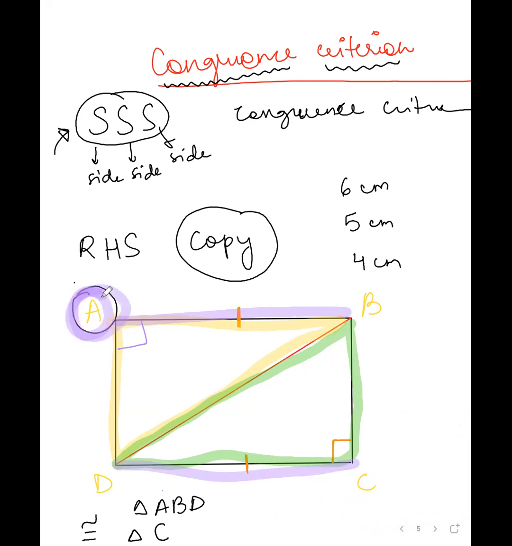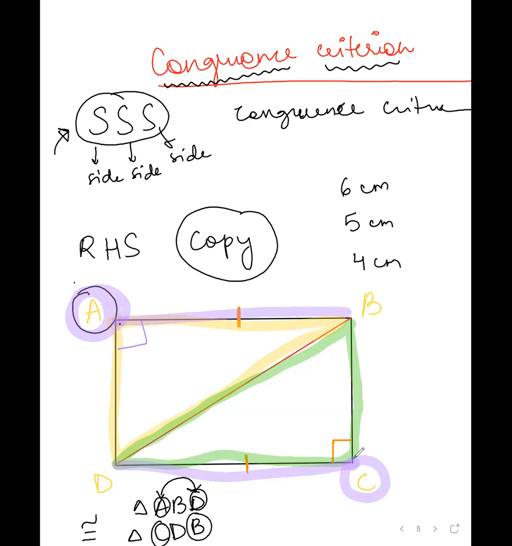Because over here we started from A, and A is corresponding to C. So C, D. And then the last one that is remaining is B. So from here you can clearly tell that AD is equal to CB.